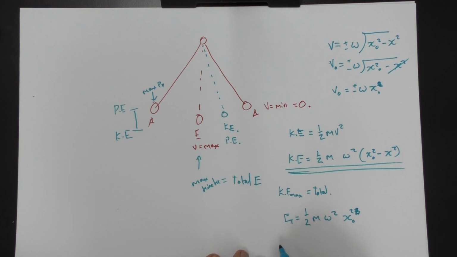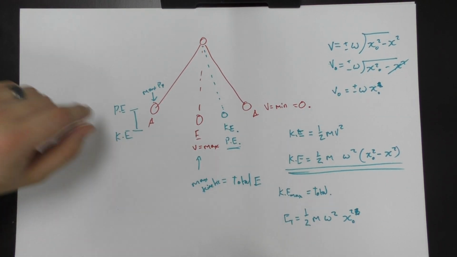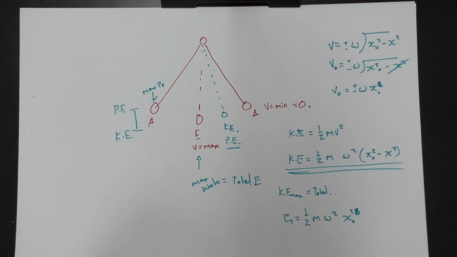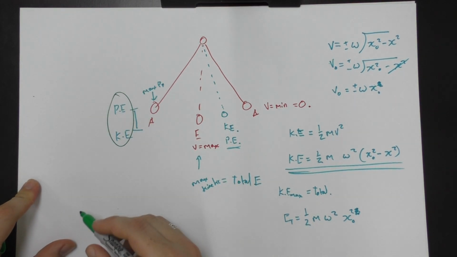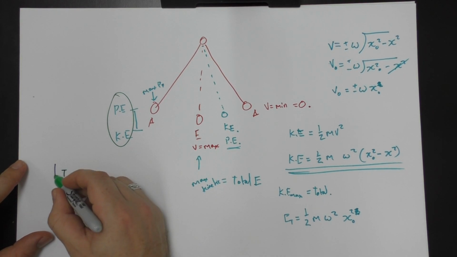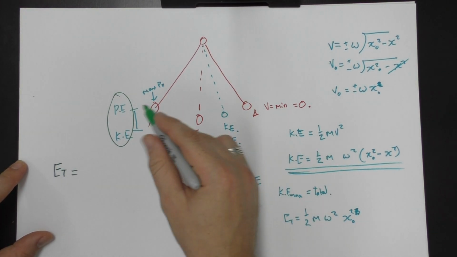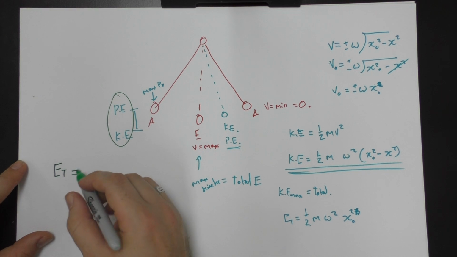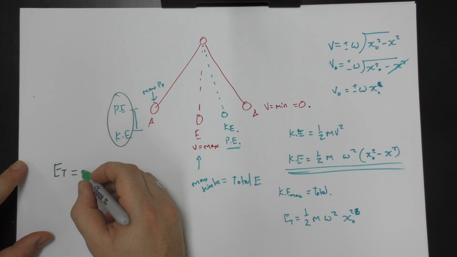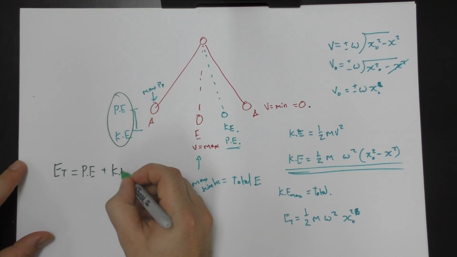Right, so where do we go from here? Well, what we can do from here is say we need a term for potential energy. So let's look at this from the point of view of what we've got over here. The total energy, E total, at any point along this system, is equal to the potential energy plus the kinetic energy.